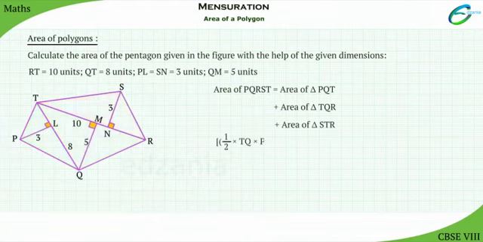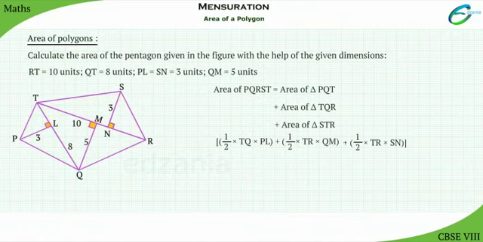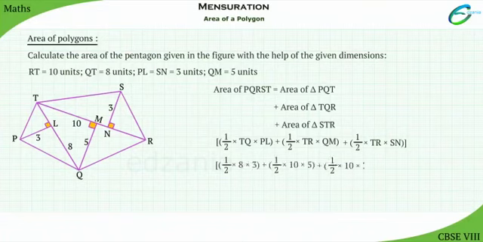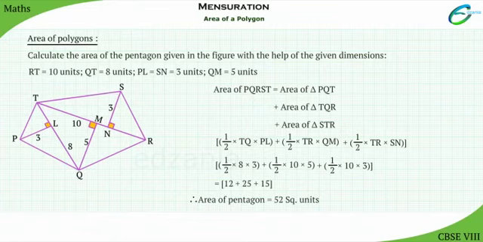Recall that the area of a triangle is equal to half the product of base and height. By substituting the values in this formula, we can obtain the area of the pentagon. Area of the given pentagon is equal to 52 square units.